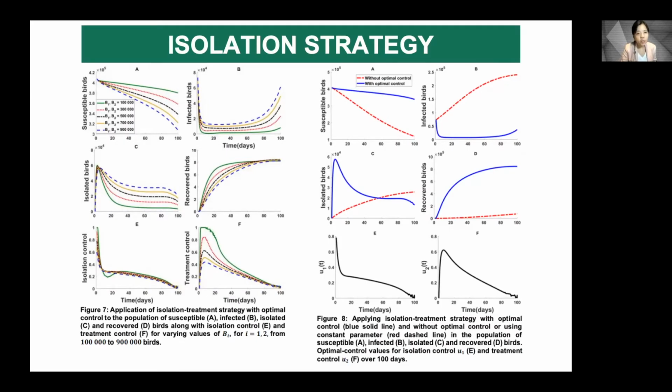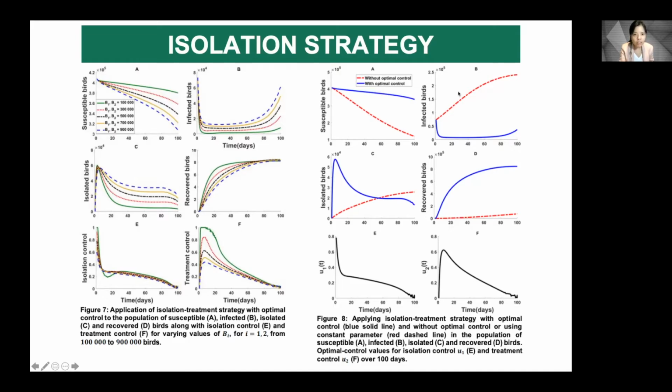In this slide, we show the simulations of the optimal control model. The ones we have here, U1 and U2, are our control parameters or control variables. U1 pertains to the isolation control, and U2 pertains to the treatment control. So this is the function representing the isolation and treatment control.